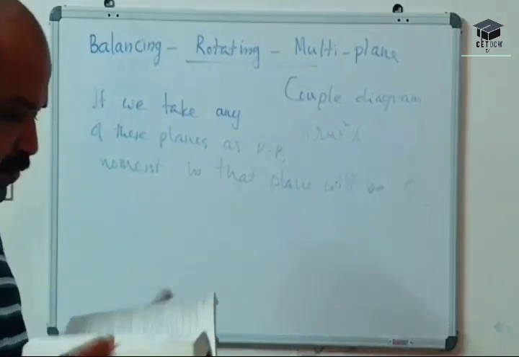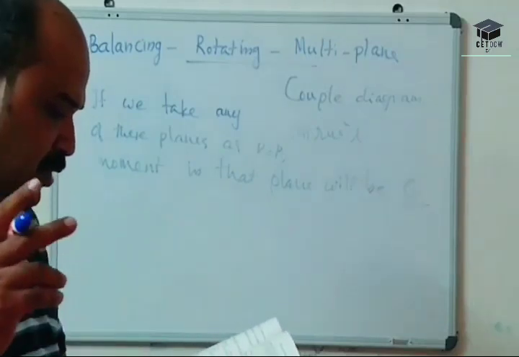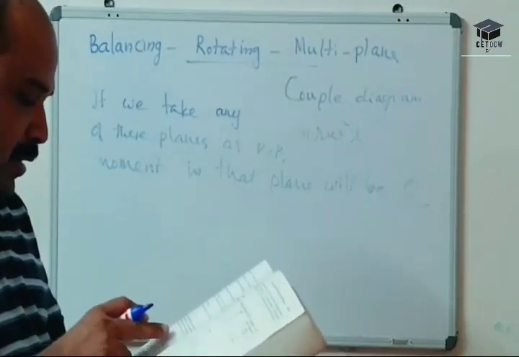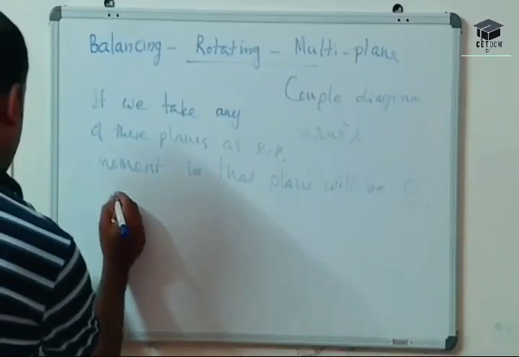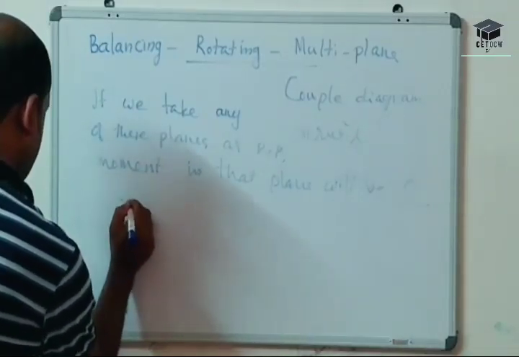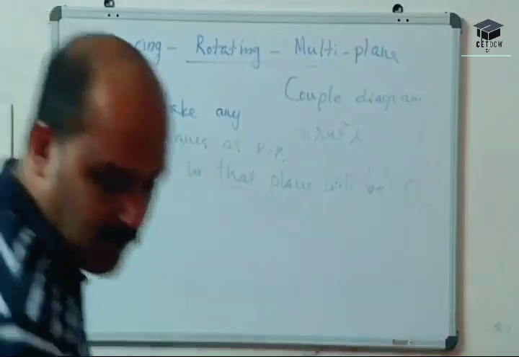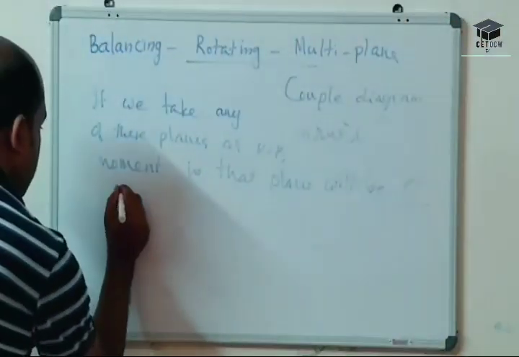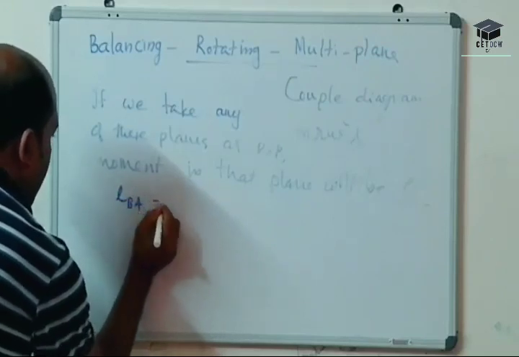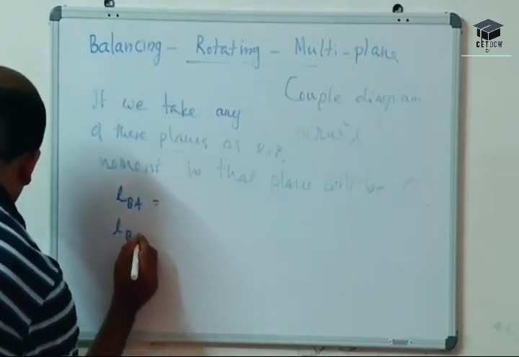Now again, you know that there are two unknowns, B and D, and the data given is LBA and LBC.